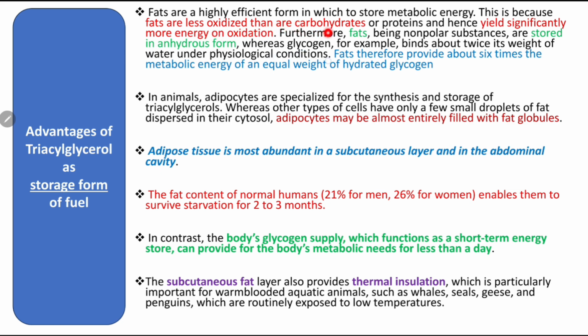They have a much smaller number of oxygen atoms than carbohydrates, and less oxidized means they have higher potential to get oxidized, and that is why they yield more energy on oxidation. And fats, being non-polar, are stored in anhydrous form, whereas glycogen binds twice its weight of water under physiological conditions, and therefore fats provide about 6 times the metabolic energy of an equal weight of hydrated glycogen.